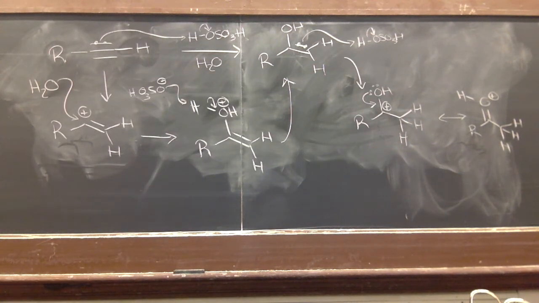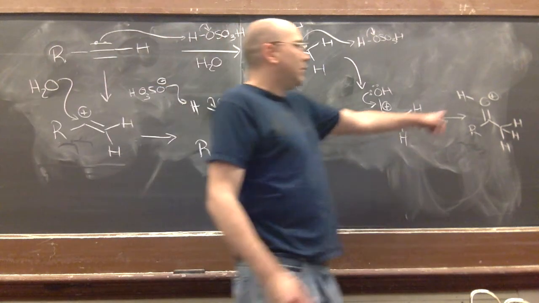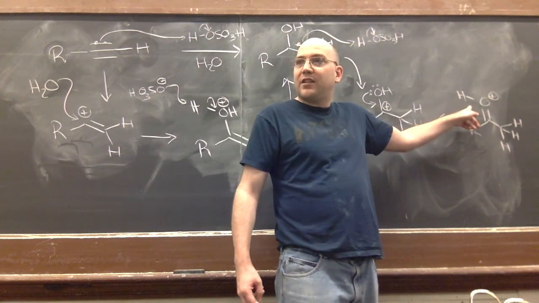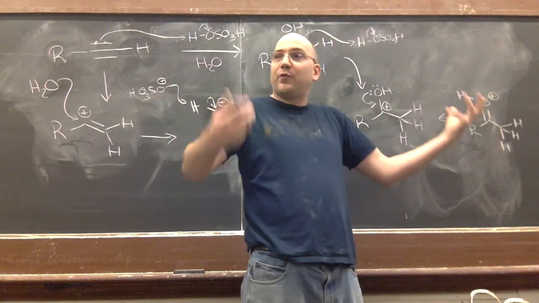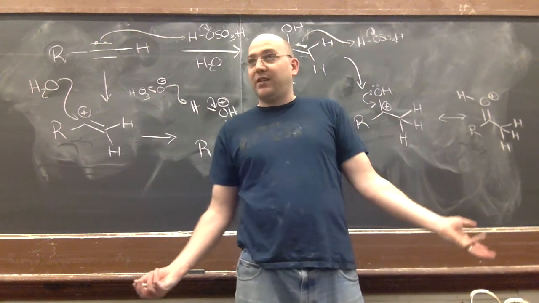What might we do to finish up this mechanism now? Aziz, what do you think? We've got a protonated oxygen there, right? At the very end of it, we probably want to get rid of that. So we want to do a deprotonation event to finish this up.